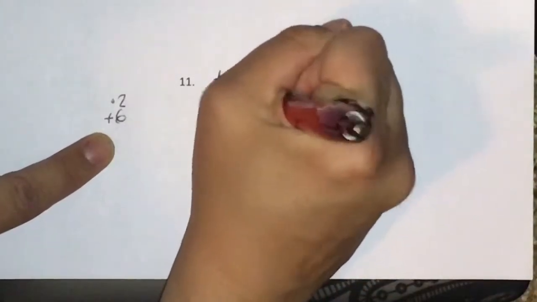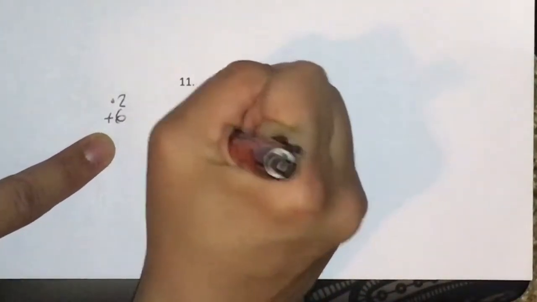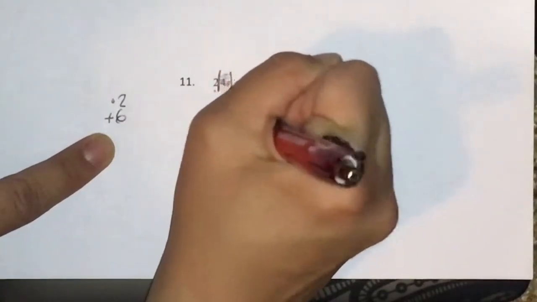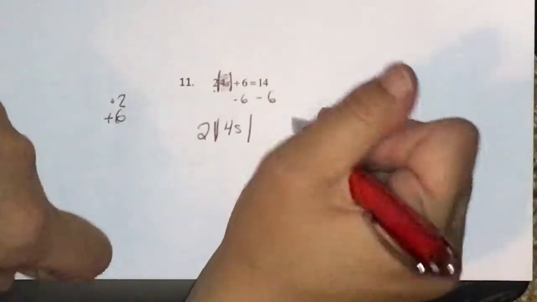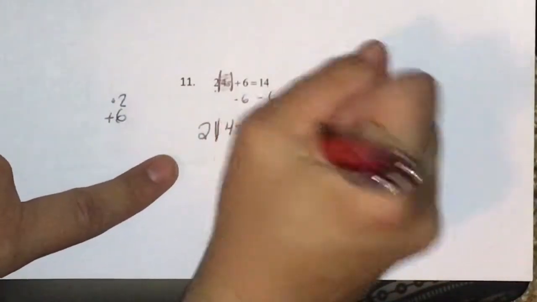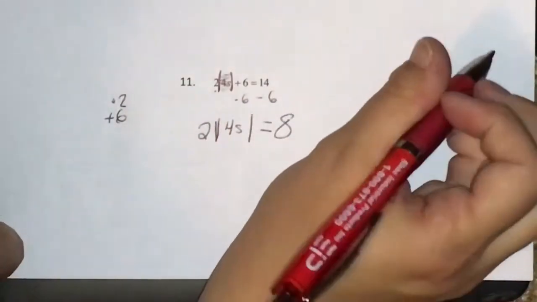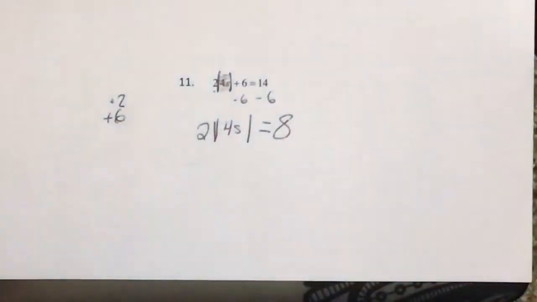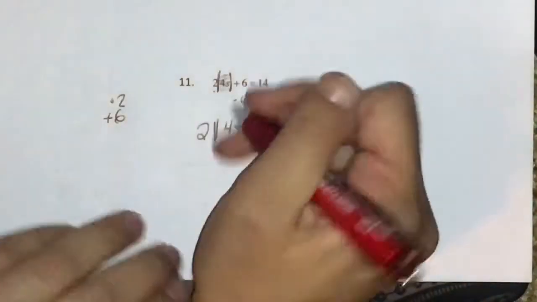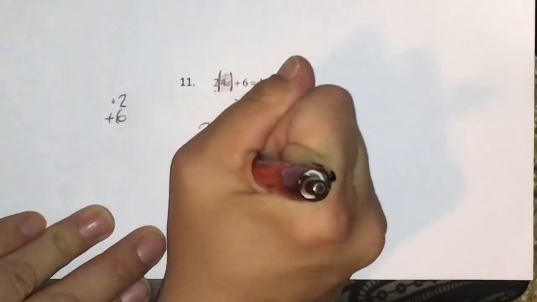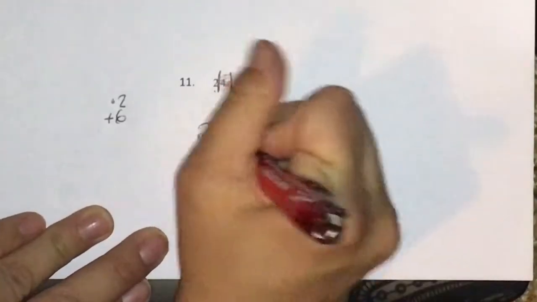So first thing I'm going to do is subtract 6. And I get 2 times the absolute value of 4s. Again, I really don't care what's inside here, but I'm still going to rewrite it. Equals 8. Then from here, I still have not isolated my absolute value symbols. I divide by 2 to both sides.